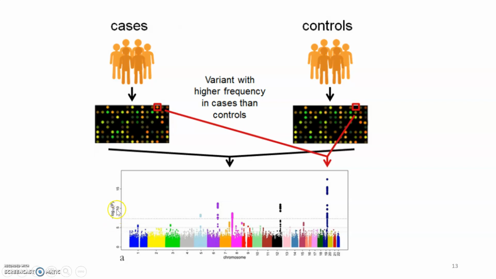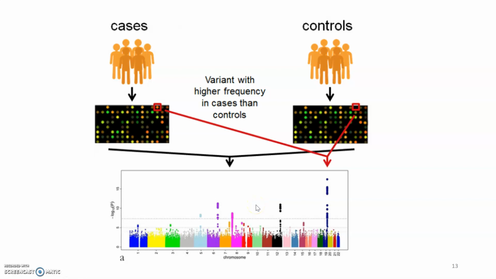Taking the log base 10 of that p-value basically takes our smallest p-value and flips it on its head, so it gives it a higher value here. And so our lowest p-values we see towards the top of our plot, making these association peaks.